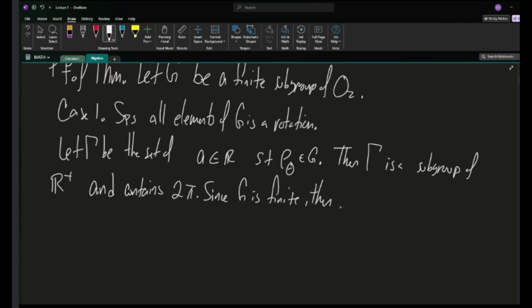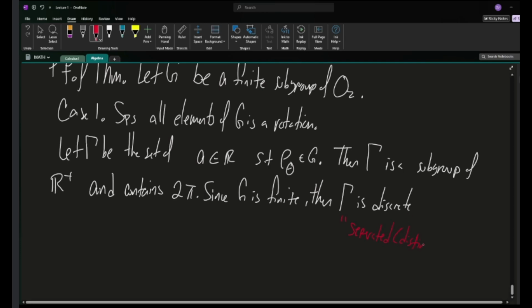Since G is finite, then gamma is discrete. If we recall earlier, these are separated values or distinct values in a group.